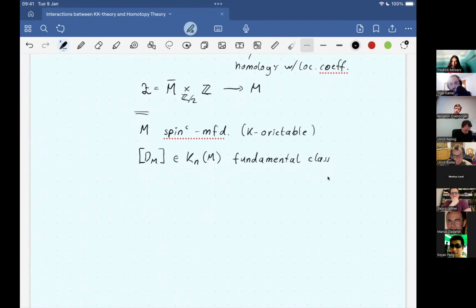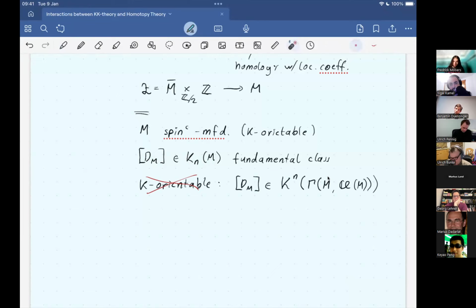So again, you can ask what happens if I don't have that, if my manifold is not spin C. So if I drop K orientability, then, well, I don't have this Dirac operator anymore, but I still have a Dirac operator that acts on the Clifford algebra of M. So I get a class in the K homology of the section algebra of the Clifford bundle over M.